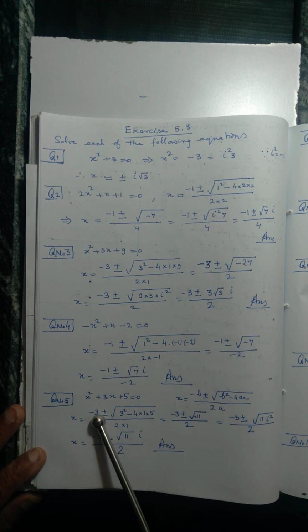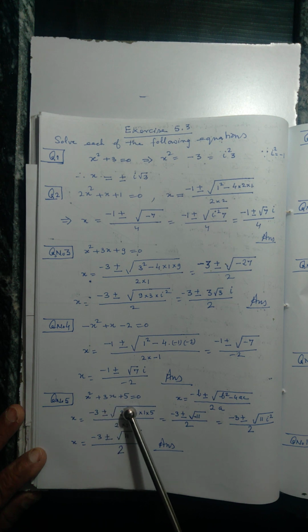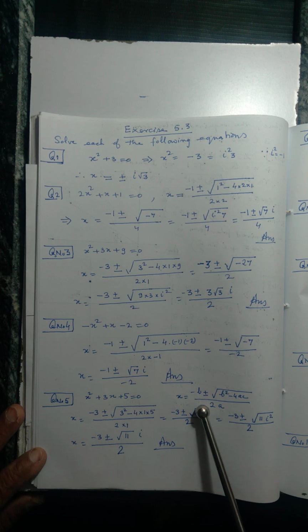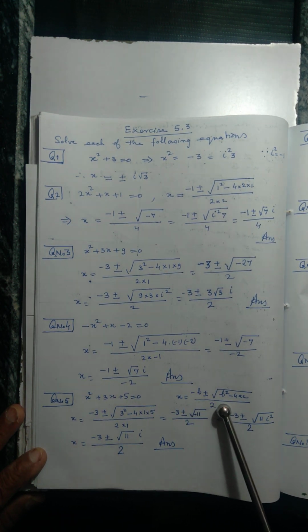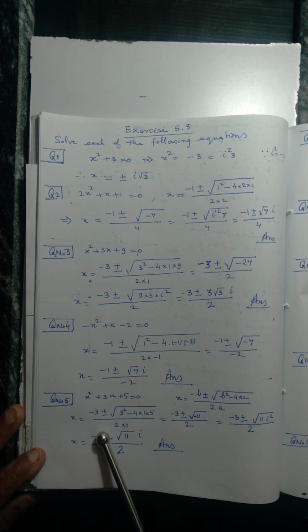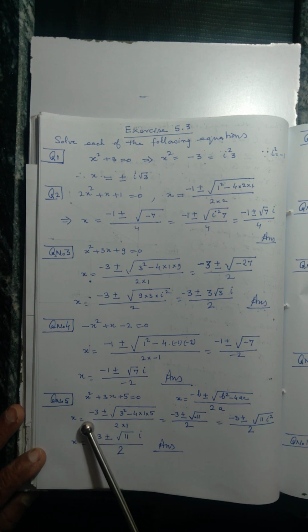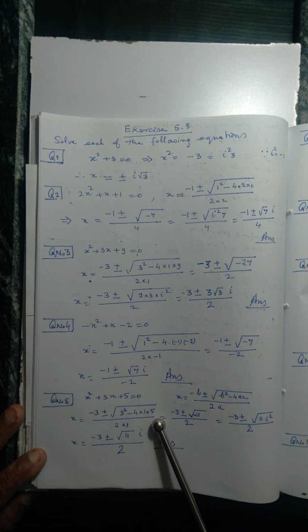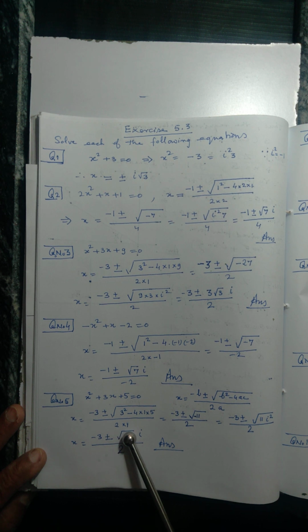Now come to question number 5. X square plus 3x plus 5 equal to 0. Here I have the same formula. You see, x is equal to minus b plus minus root of b square minus 4ac, whole divided by 2a. So I have substituted the values of a, b and c accordingly. You see, x is equal to minus 3 plus minus root of 3 square minus 4 into 1 into 5, whole divided by 2 into 1.